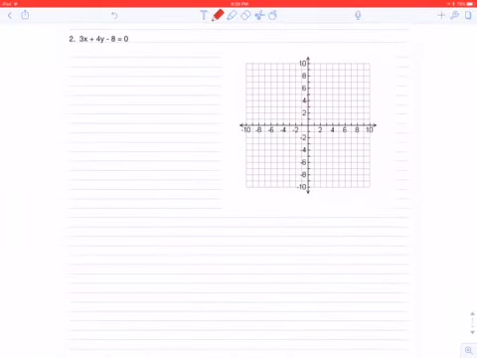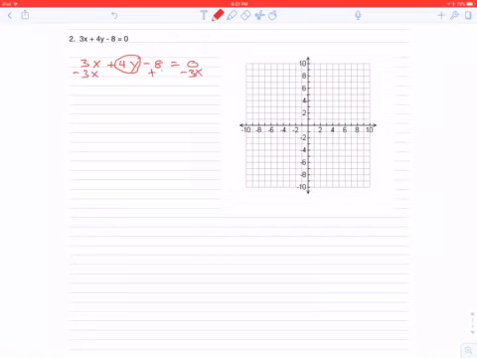Now the second equation, the 3x plus 4y minus 8 equals 0. It's not in slope-intercept form, so I need to first solve it for y. I'll get the y term by itself, so I'll subtract 3x from both sides, add 8 to both sides.